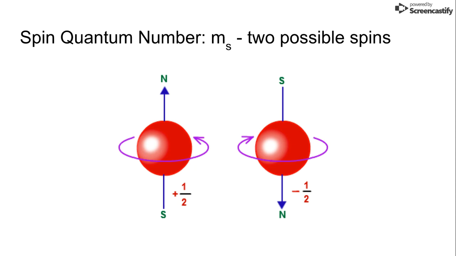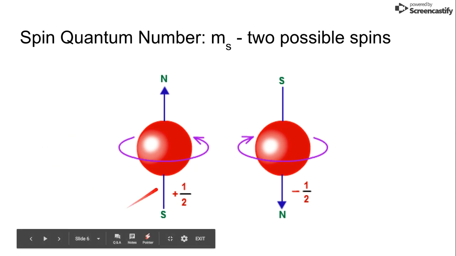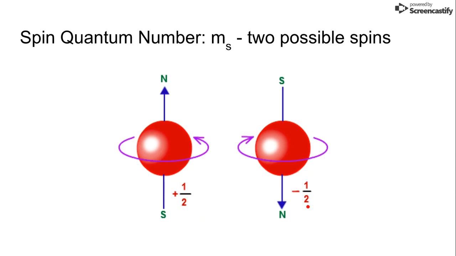They can have 3 of them be exactly the same, but they can't all 4 be the same. Because we have plus 1/2 and minus 1/2 as the 2 possible values, this tells us that any one orbital can only have 2 electrons in it.